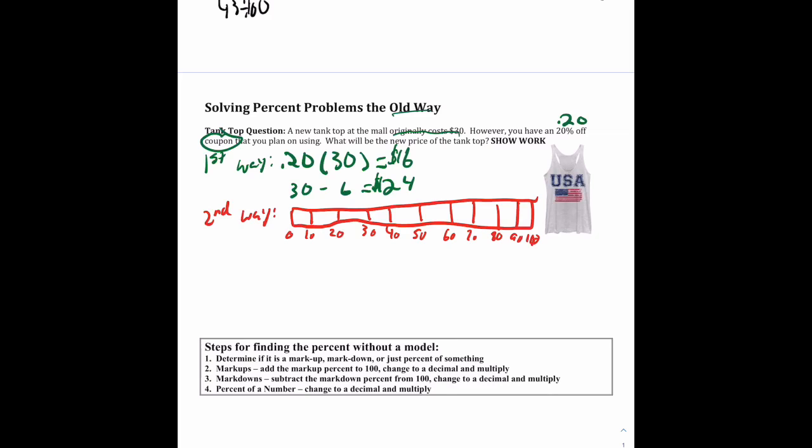And the total price of the shirt, so the full length of the shirt, if you were paying for the whole thing, 100% of it would be $30. The 0% would be 0, so each 10% block should be 3, because 30 divided by 10 is 3.